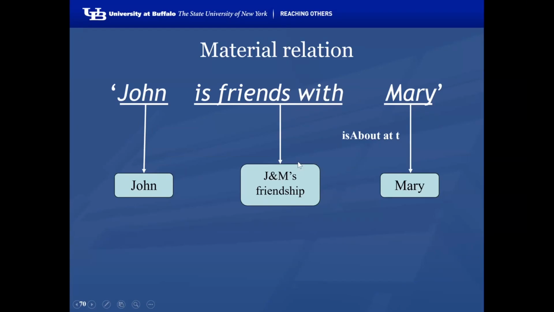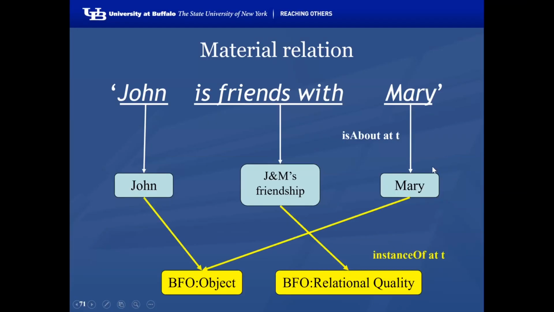Is friends with is about their friendship. The term Mary is about Mary. So John and Mary in BFO are objects. John and Mary's friendship in BFO is a relational quality. So these are instances of these universals.